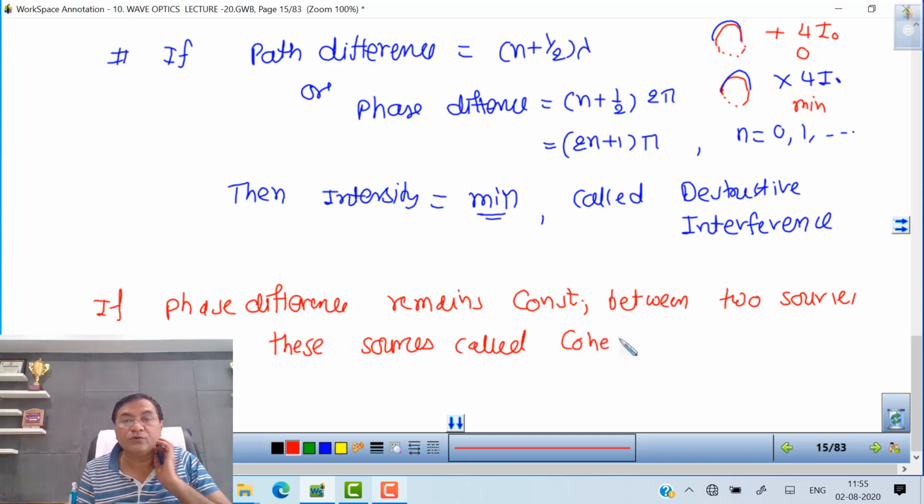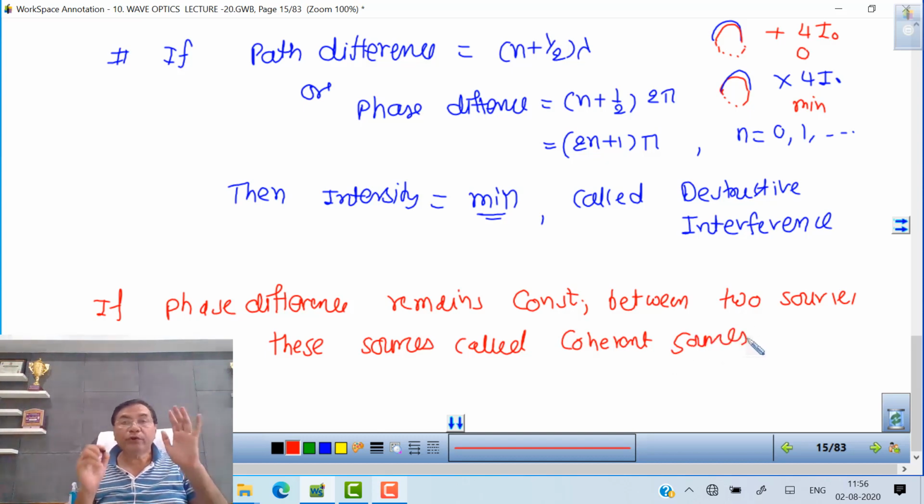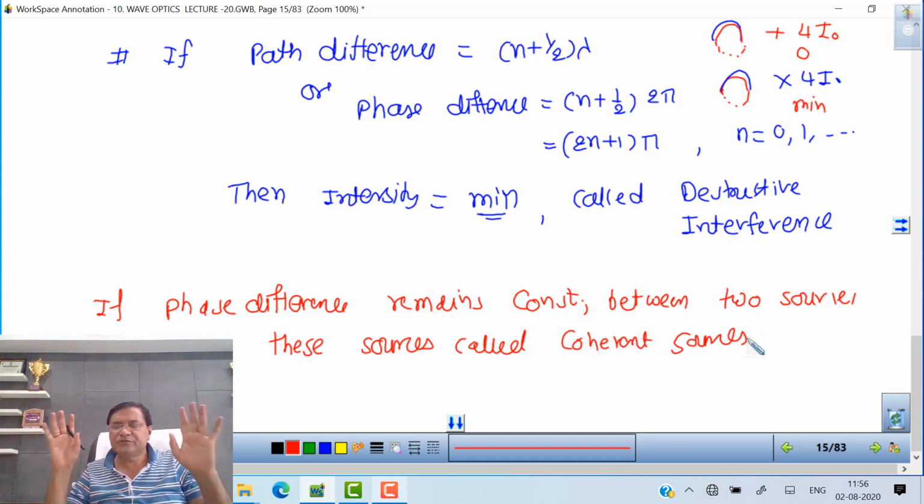Very important one, coherent source. કોહેરન્ટ સોર્સ એક હોય જ નહીં. કોહેરન્ટ સોર્સ એક કરતા વધારે ત્યારે જ વાત આવવાની છે. એક સોર્સ તો ગમે તે હોઈ શકે. કોહેરન્ટ સોર્સ સેમ ફ્રીક્વન્સી એની બદલાય નહીં, પીરિયોડિક ટાઈમ ના બદલાય. સો ફેઝ રિમેન્સ કોન્સ્ટન્ટ.